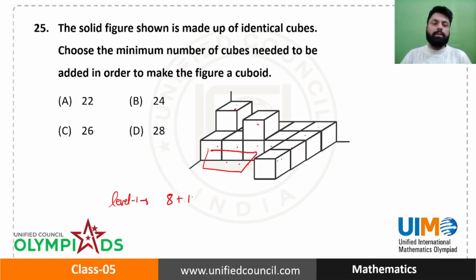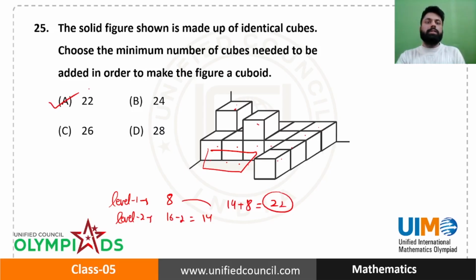So plus in level 2, 16 minus 2, this is 14. Now the total is 14 plus 8, that is 22. This is the minimum number of cubes which are required in order to make it a cuboid. That is going to be the answer.